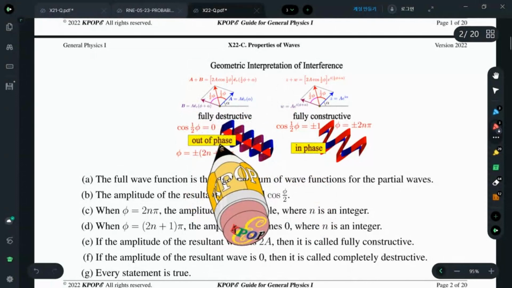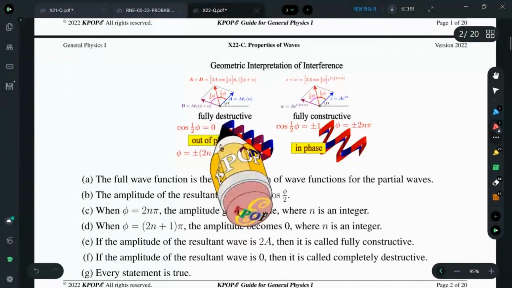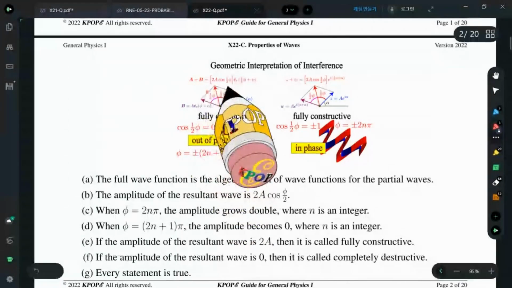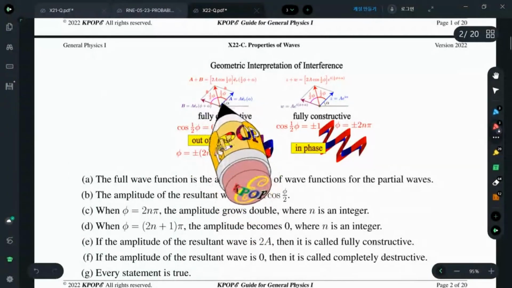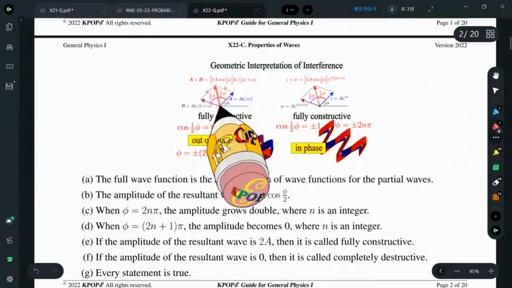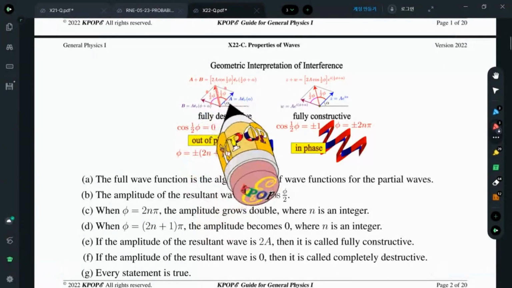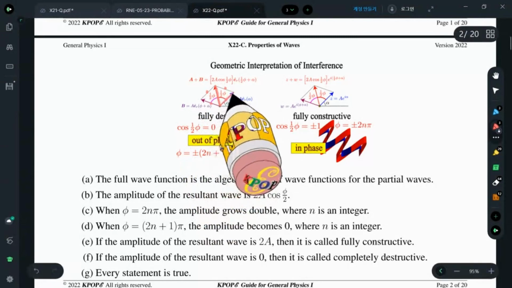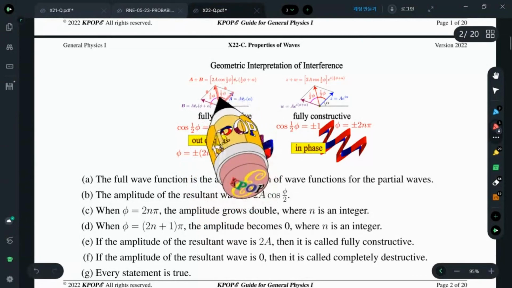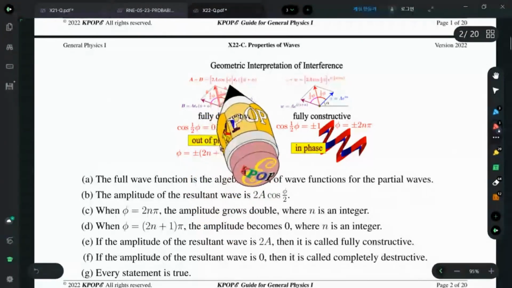In that case, we have a rhombus, with four sides being the same, and the diagonal of this rhombus is 2 times A.